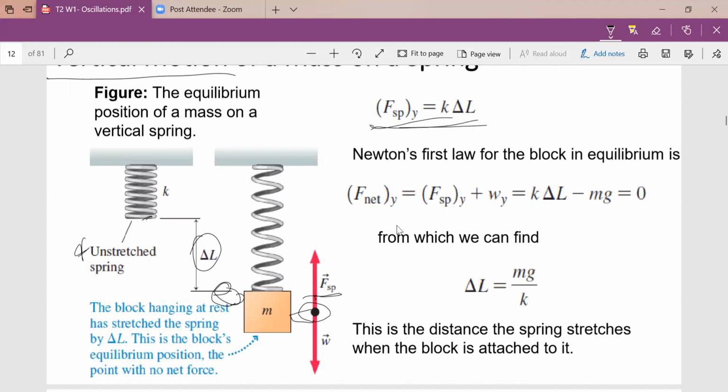Okay, so from Hooke's law and using Newton's first law to describe this stretch, we have the net force equal to the force of the spring plus the weight force, which is equal to this expression, which is k change in L, minus the weight, which is always pointing downward and is negative, mg, which is equal to 0.